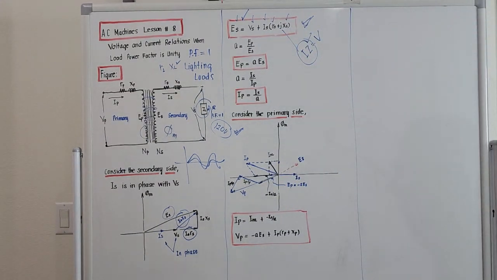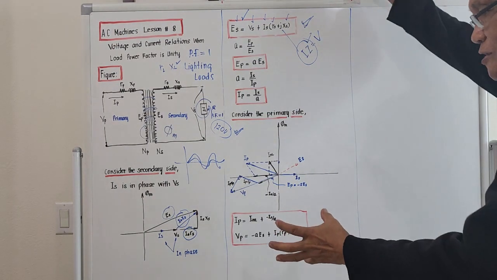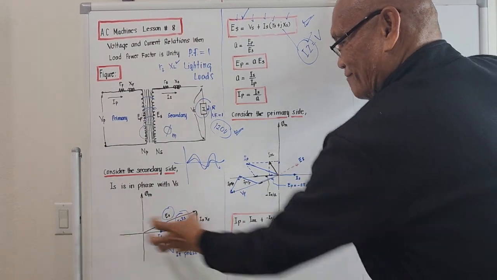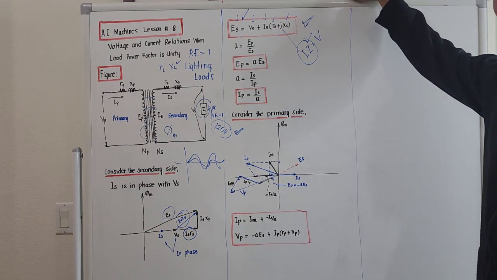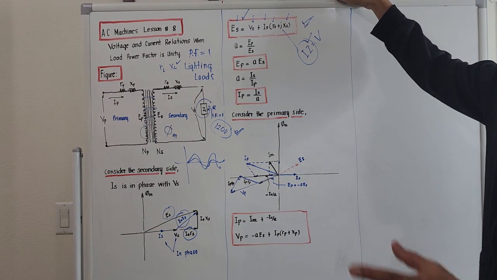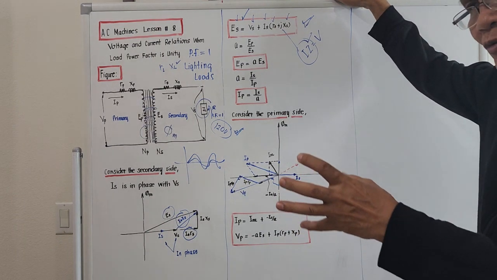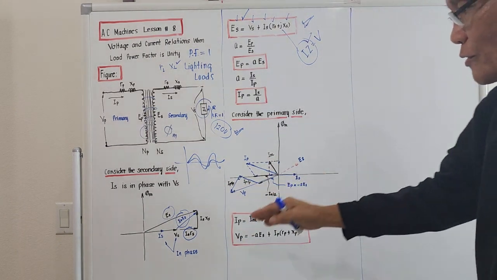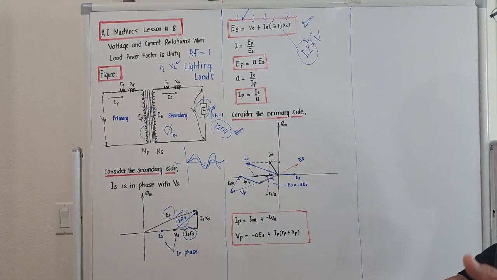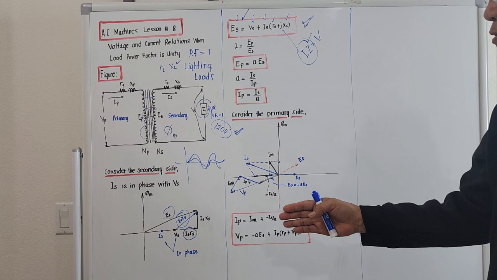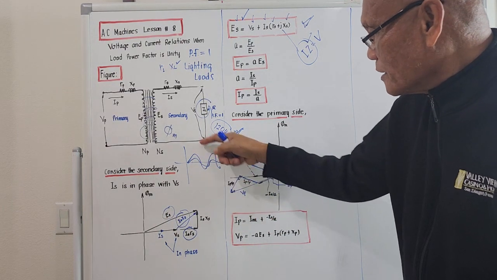So this equation is just the vectorial representation. At least if you are an electrical engineer, if you have an equation, you know how to draw its equivalent in terms of vectorial representation. The other representation is if you try to see these voltages and currents in the oscilloscope, it will be like this.